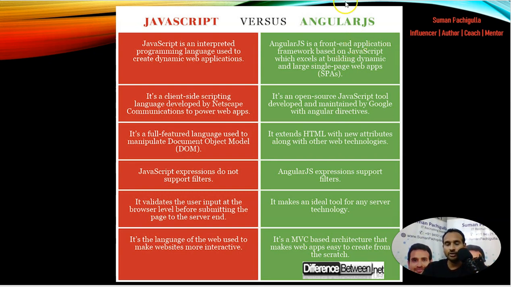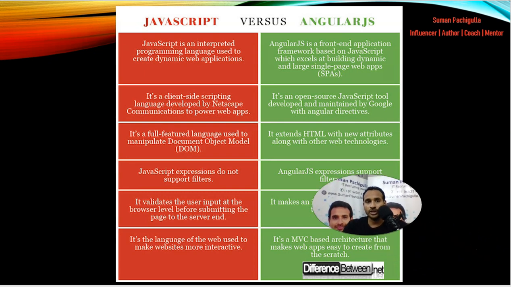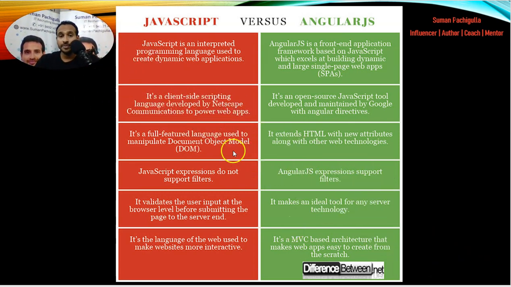And here, JavaScript is a language of the web used to make websites more interactive, but AngularJS is an MVC-based architecture that makes a web application easy to create from scratch. What did you understand here, people? Let's come again. JavaScript is a language of the web used to make websites interactive.